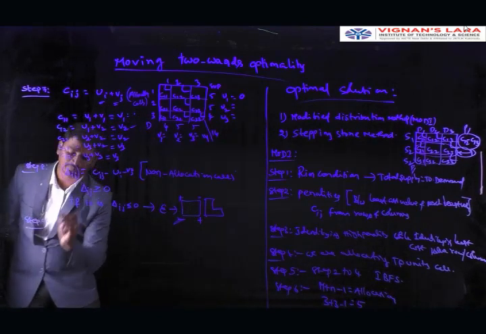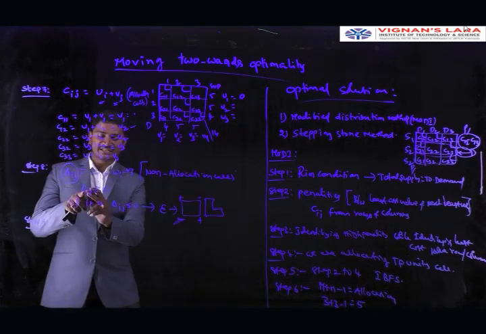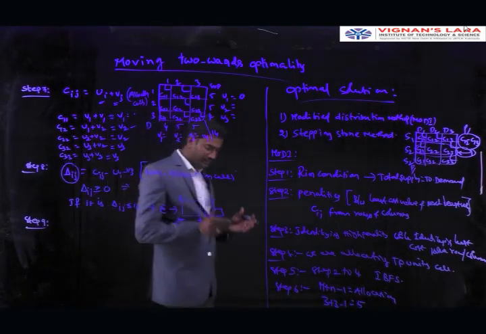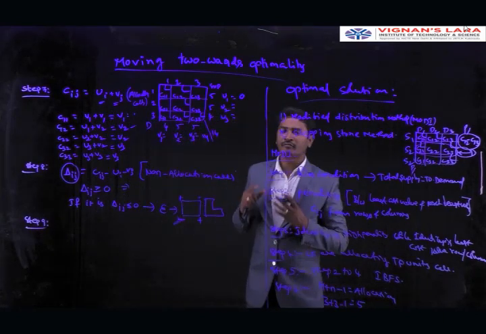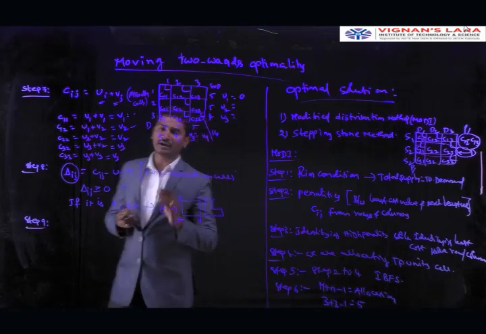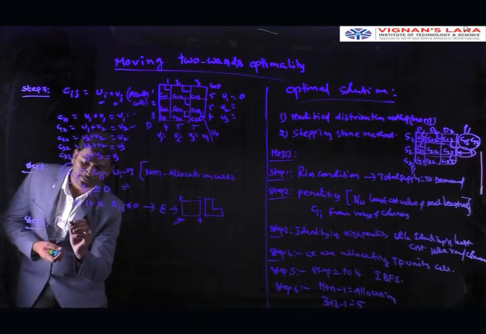It means here we are finding the delta ij values. Delta ij less than or equal to 0 means we have a set of negative values and positive values. From this we are going to identify the most negative value.